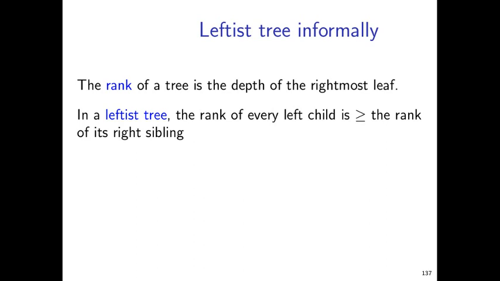But from any node in this tree, the path to the right leaf is short. Actually, it's logarithmically short in the size of the tree, because when I go to the right I always know that I have more on the left, so to speak. We will prove that this holds. But the idea is that paths to the right are short.